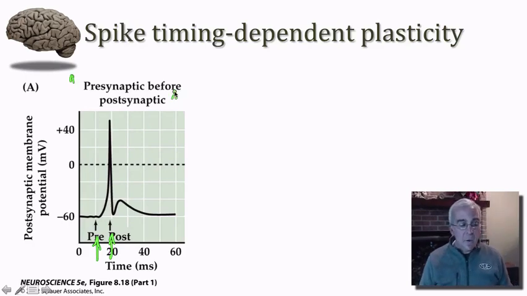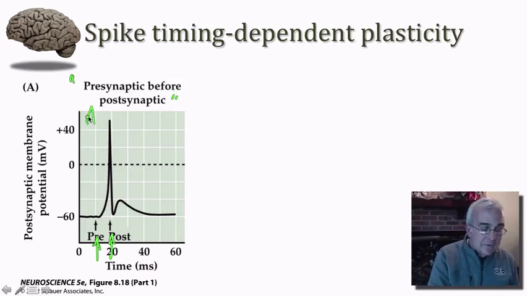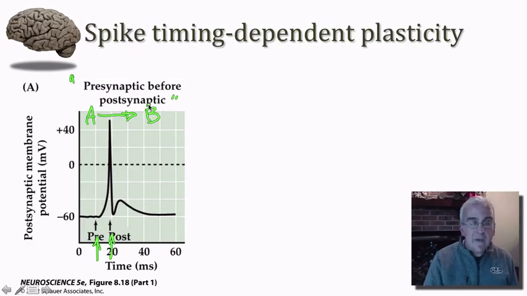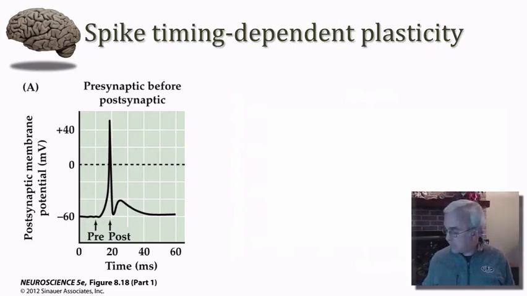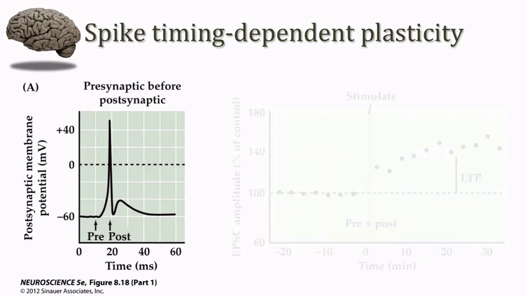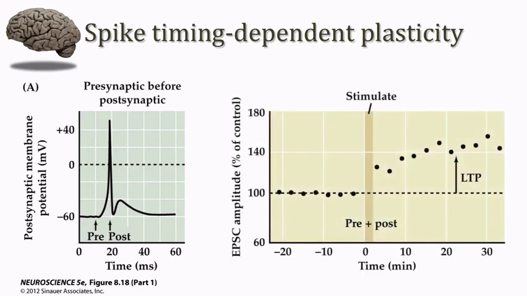This is what we might expect if our presynaptic cell, let's call that neuron A, is firing an action potential, and that leads to the activation of our second cell. We can call that neuron B. So for such a synaptic connection, it's possible to look over time at the amplitude of the postsynaptic potential or the postsynaptic current following some structured pairing of activity between the pre and the postsynaptic element.